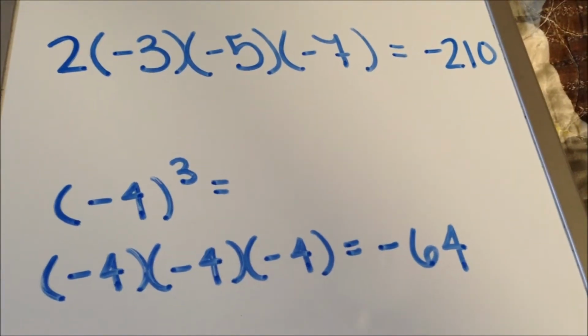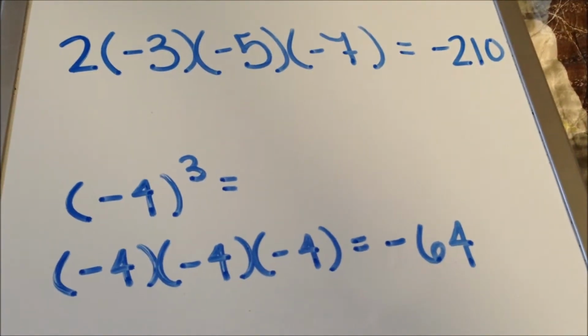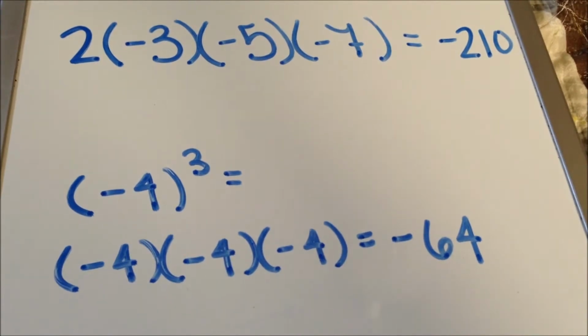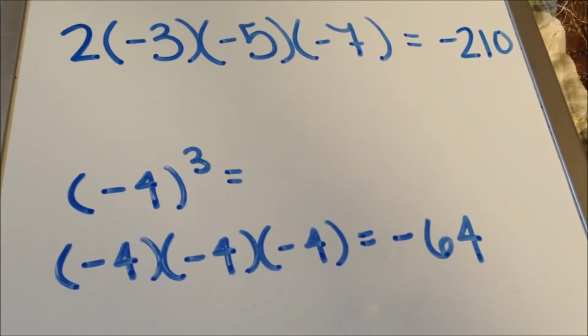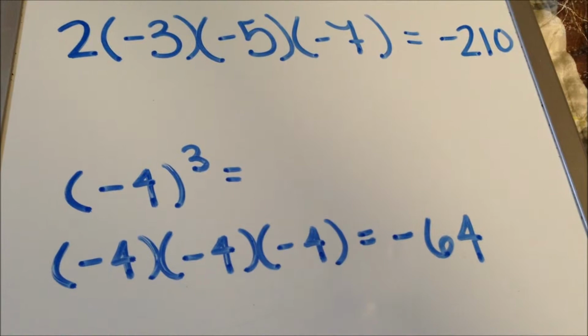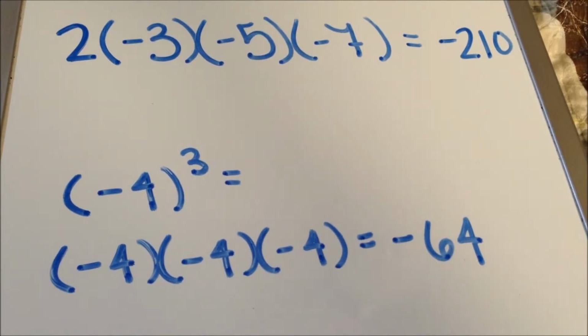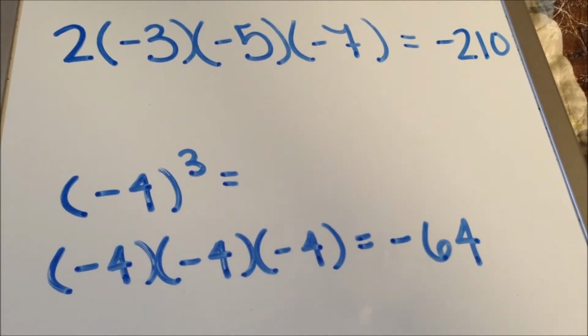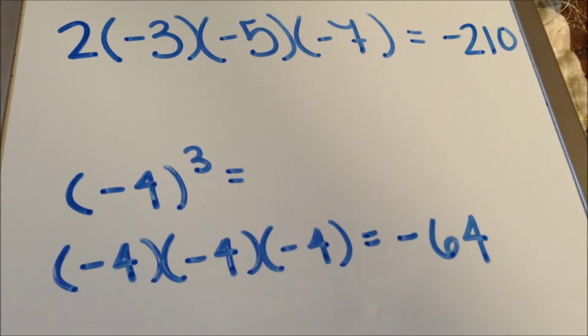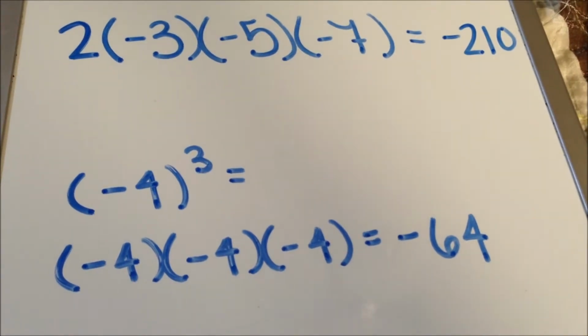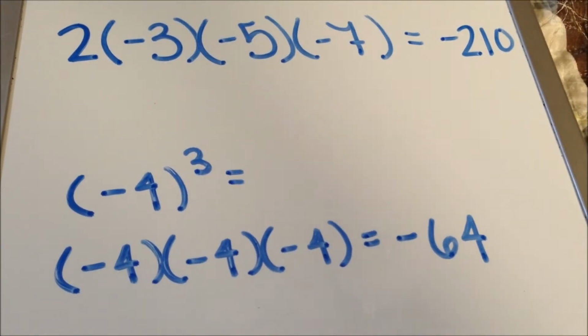Let's try an example now involving exponents. We have negative 4 in parentheses to the third power. When the negative is part of the number inside the parentheses, the entire thing gets raised to the third or whatever power you're working with. So in this particular example, we would literally take negative 4 times itself times itself.